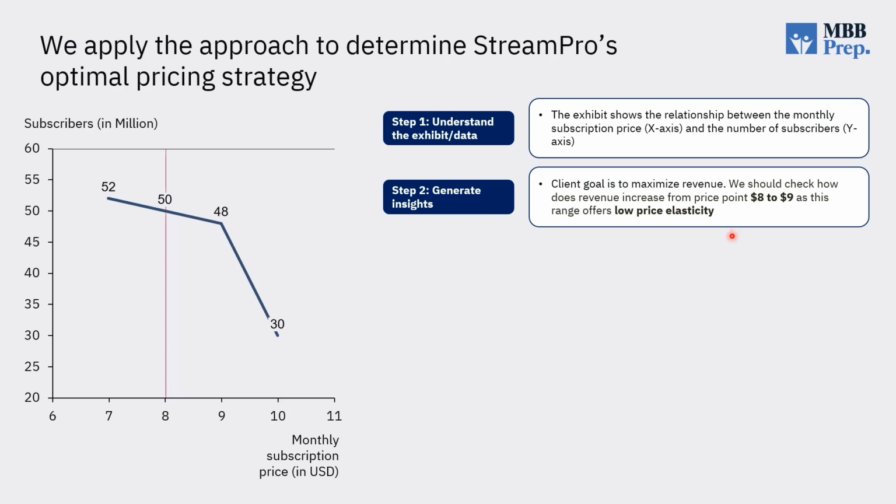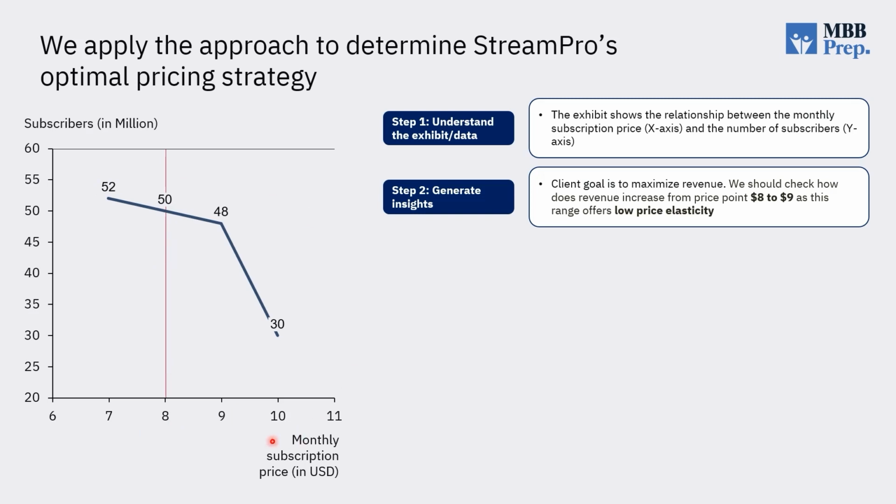Based on the exhibit that we see here, after $9, right? If you observe, there is a steep subscriber drop off, right? Beyond $9, and below $8, there is a plateauing trend, right? Which means these price points are not attractive, right?